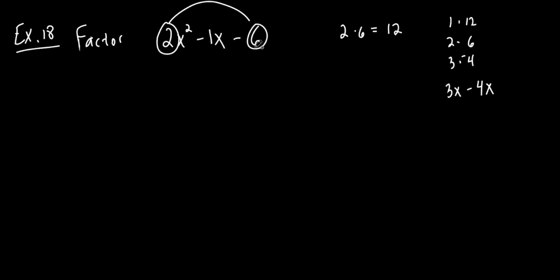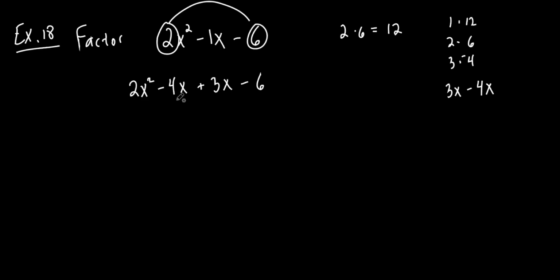Make sense? So that's why I'm going to switch it that way. So watch, I got 2x squared. Again, how do I rewrite this? I'm going to write it negative 4x plus what? 3x. Do you agree that that equals negative 1? Yes. Yeah, that's all we did. All we did was just rewrite negative 1 so that it's this, and then I can group. And then you just put a minus 6 at the end.